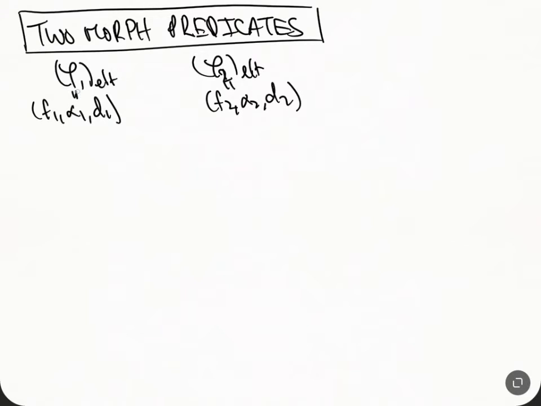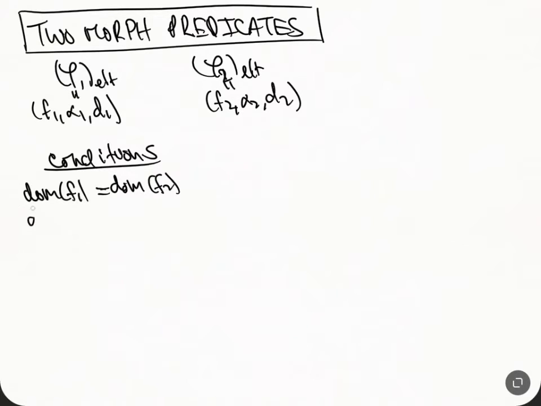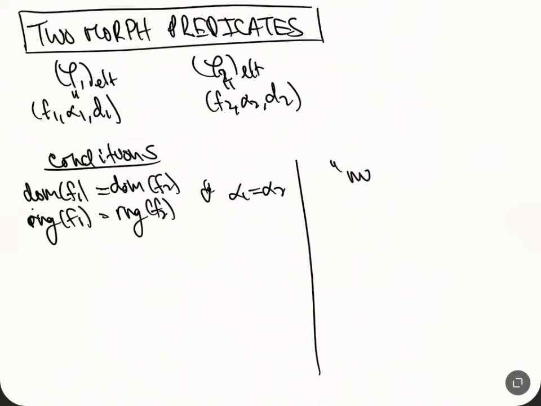So that being said, what other conditions can we do? We can make some conditions here. We could say that if they have the same domain and range, and alpha 1 is equal to alpha 2, then we'll call this thing metrically equivalent.